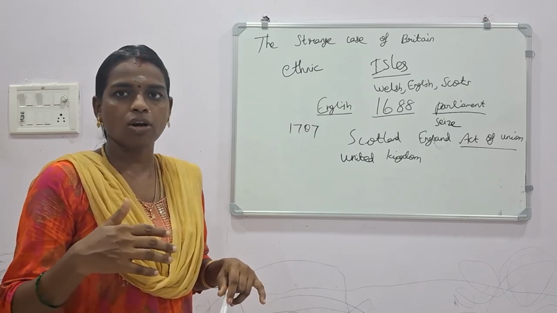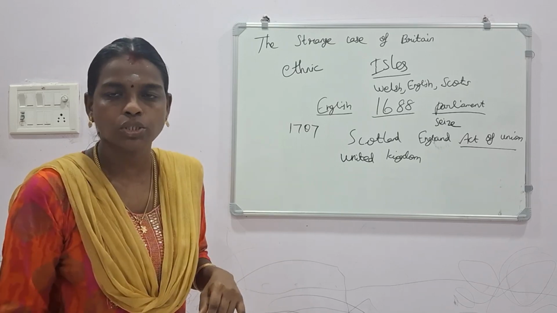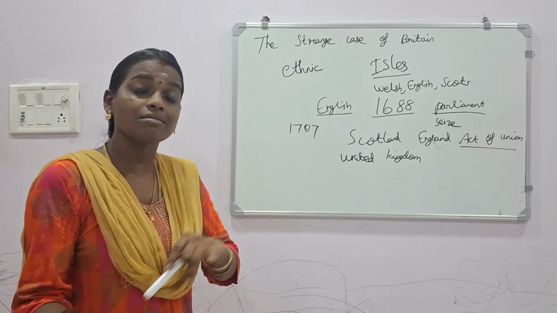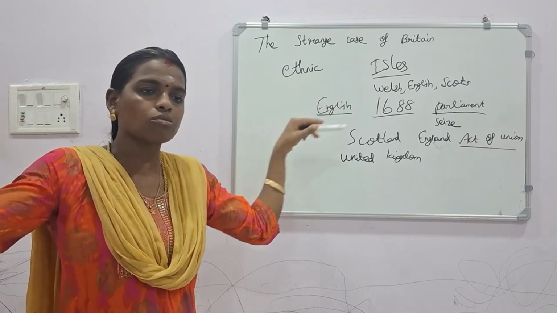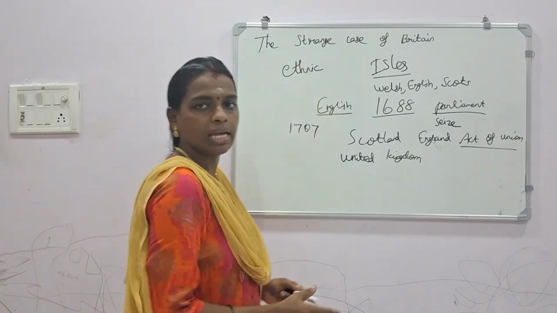Totally. Actually, Scottish people couldn't speak in their language. They were prohibited from using their dress code. They couldn't do anything on their own because they were totally under the control of England.